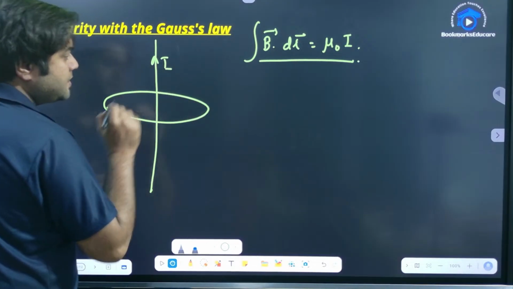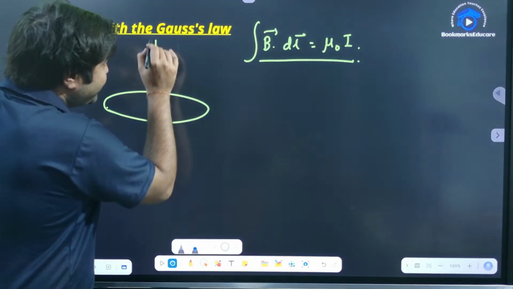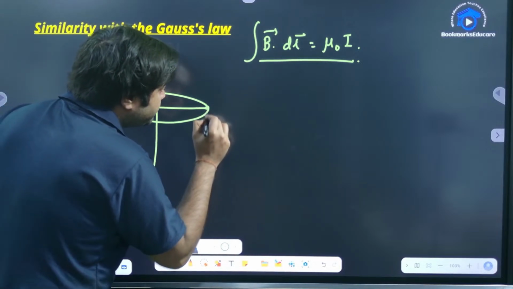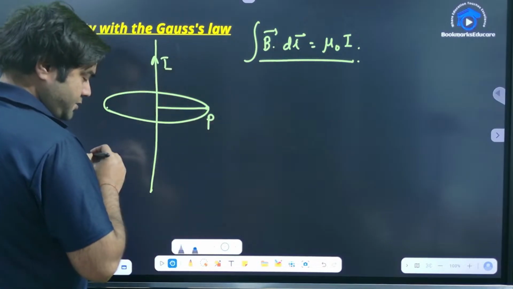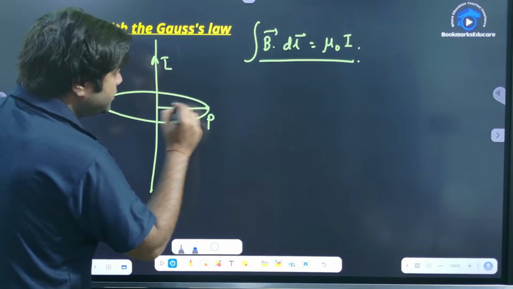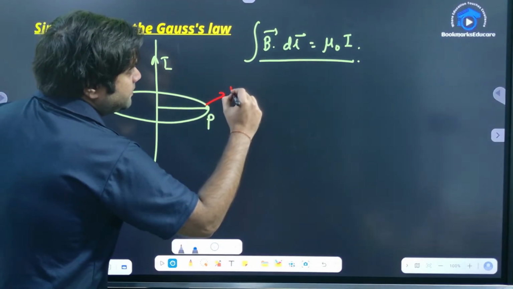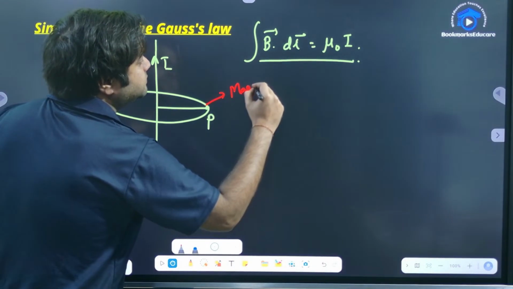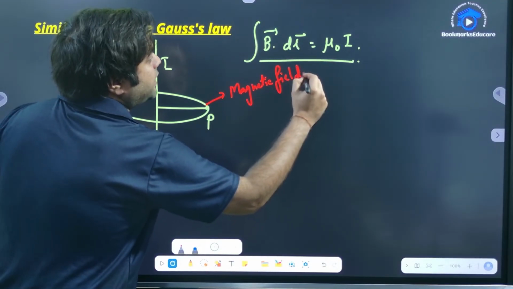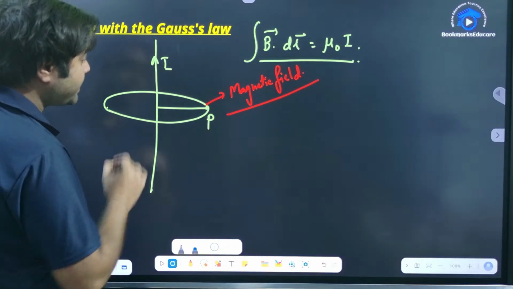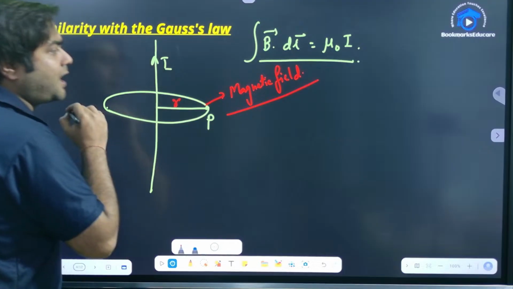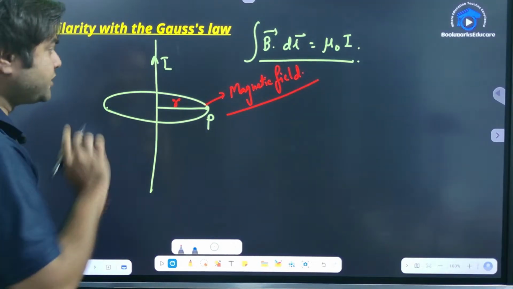Suppose there is a point P here, and you want to find the magnetic field from this current carrying wire at distance r.